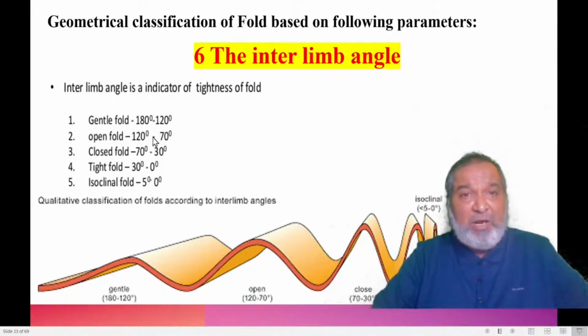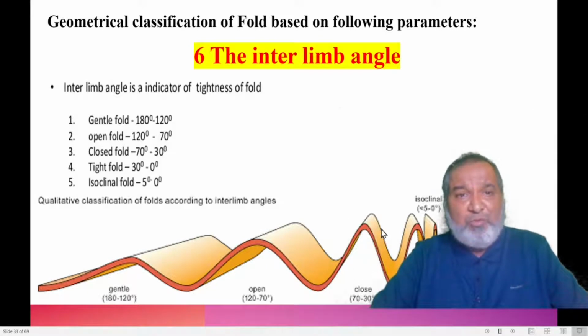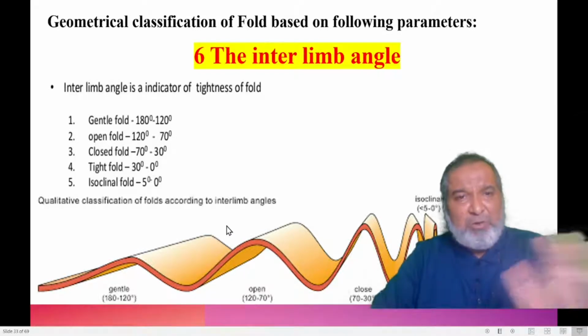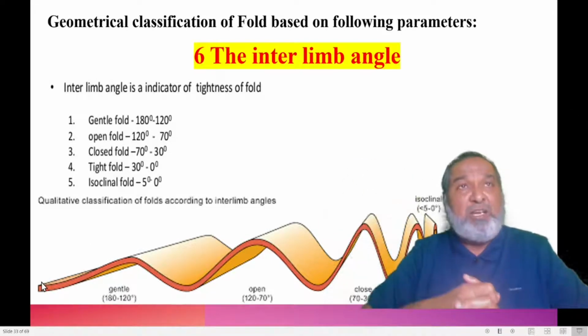Then the next one, 120 degrees to 70 degrees, you can see this is the open fold. Then the next one, 70 to 30 degrees. Now the compression is more. It is a close fold. Then 30 degrees to 0 degrees, that will be called a tight fold, or 0 to 5, it will be called an isoclinal fold.